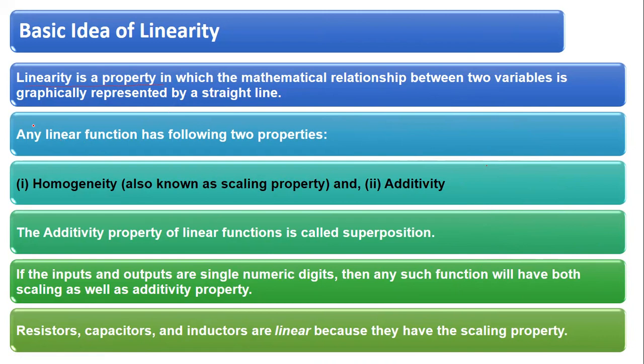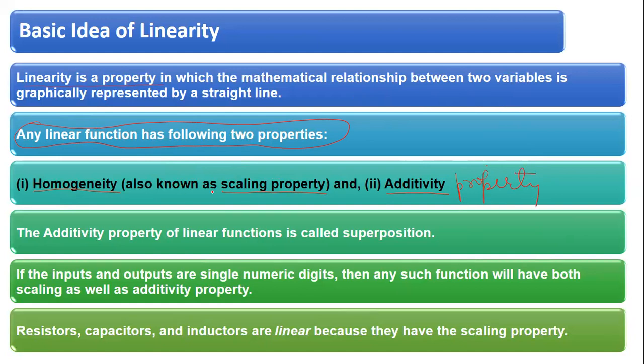However, there is a condition for any system to be linear. Any system can be linear only when it possesses two properties. One is the homogeneity property, which is also known as the scaling property, and the second one is the additivity property, right?